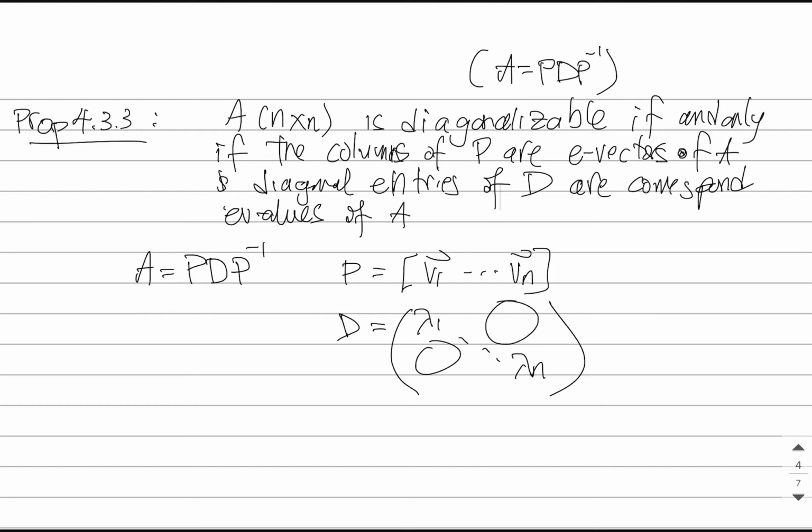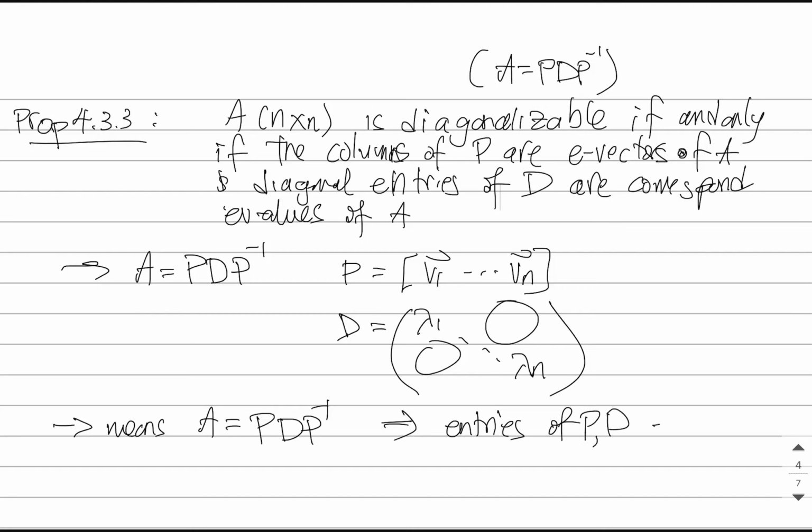And remember, in a diagonal matrix, there are zeros everywhere. It also means that if you ever are able to somehow write your matrix in this factorization, the only way for you to be able to do this is if your entries of P and D are eigenvectors and values.